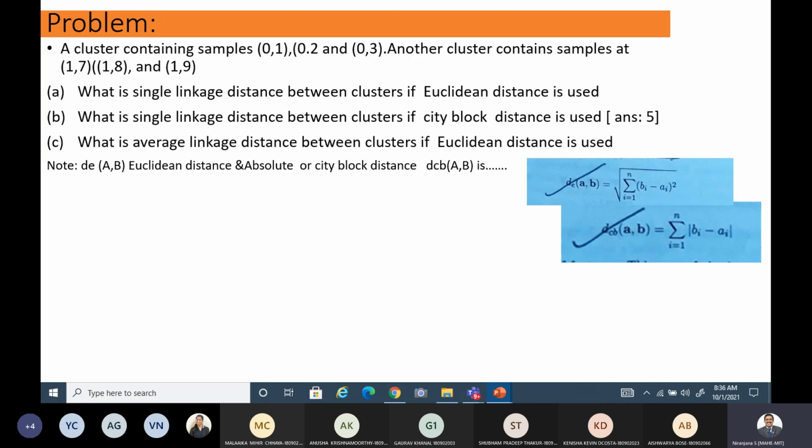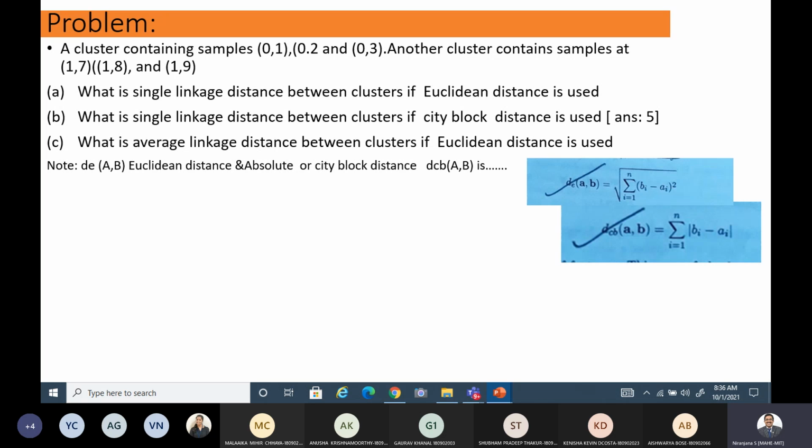On the other side, average linkage takes a kind of average measure between the cases. There is not much difference, but you may find minor differences between the clusters here.